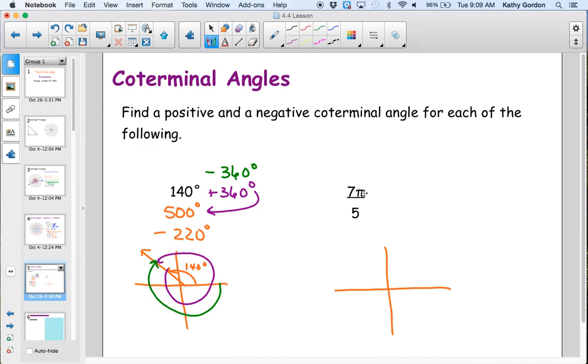Because this is a little bit more than 1, right? 5 pi over 5 would be 1 pi, and we know that's halfway around. But it's not hugely more. It's not like we're almost to 2 pi. So a good guess is probably that we're talking about something over here in the third quadrant. Right? So 7 pi over 5 having gone this way around to get there.